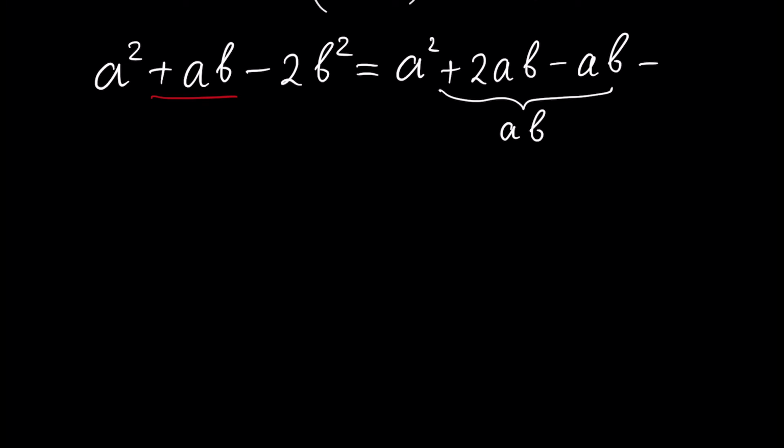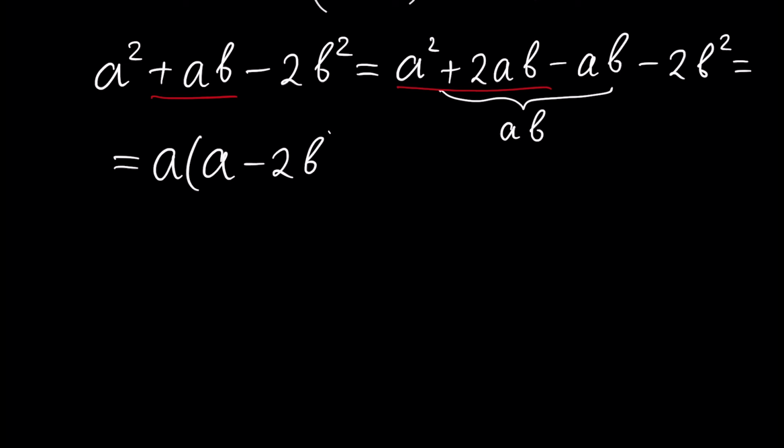So we rewrite our ab as 2ab minus ab. And let's rewrite minus 2b squared. For these two terms, we take out a and we have a minus 2b. For these two terms, let's take out minus b and we will have a minus 2b.